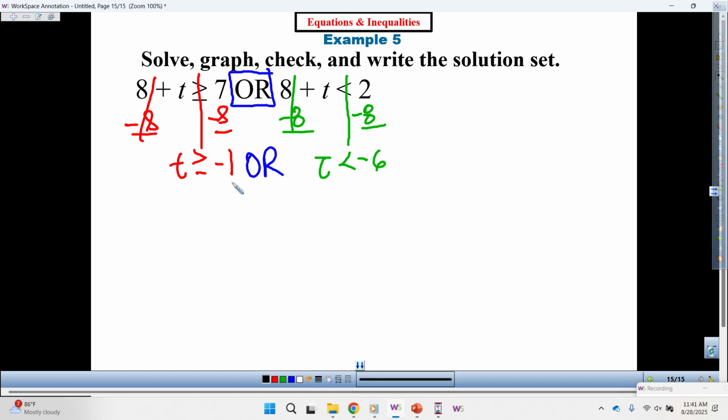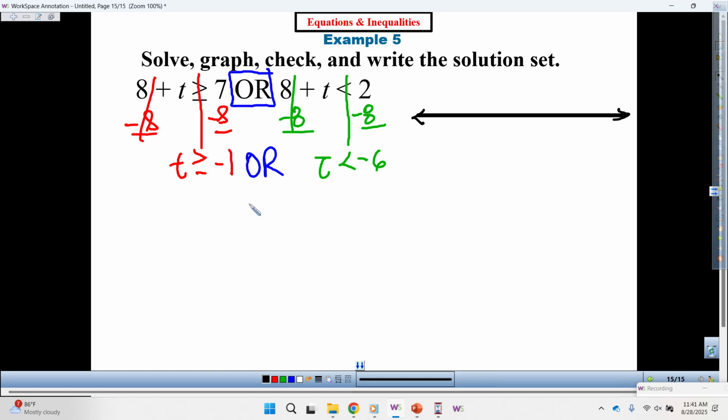Tell your neighbor what you predict the graph will look like for these inequalities. What is the graph going to look like for those inequalities? What was the prediction?